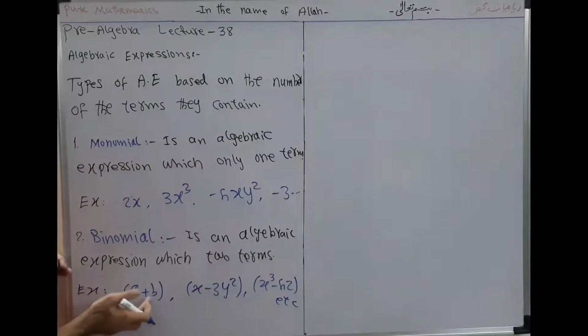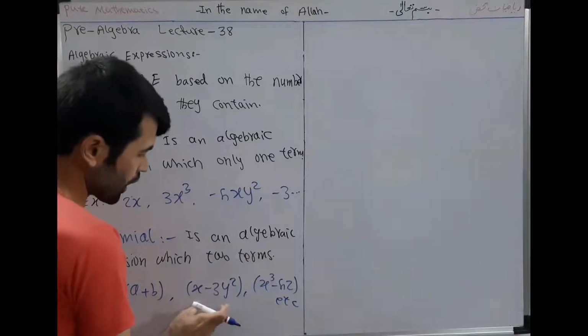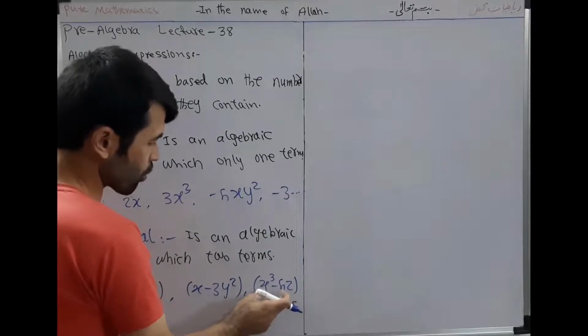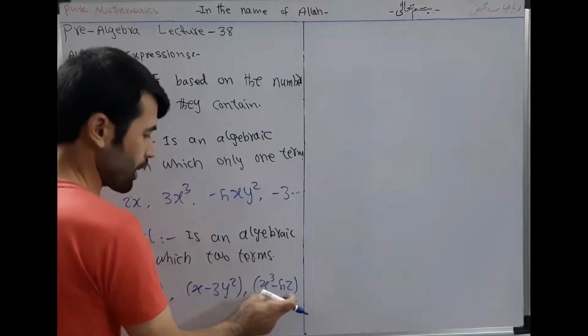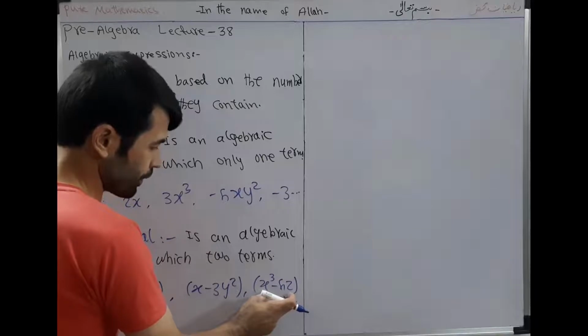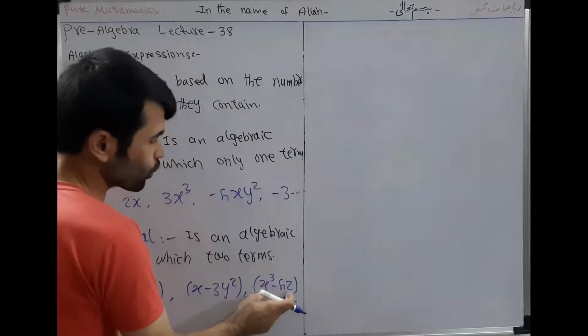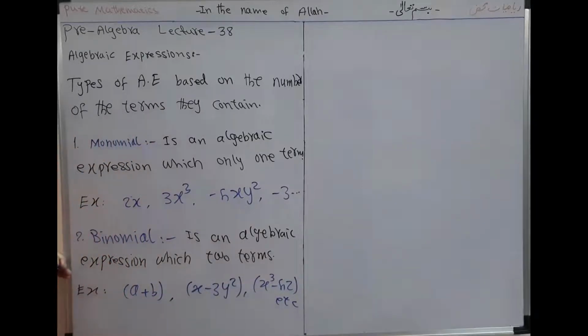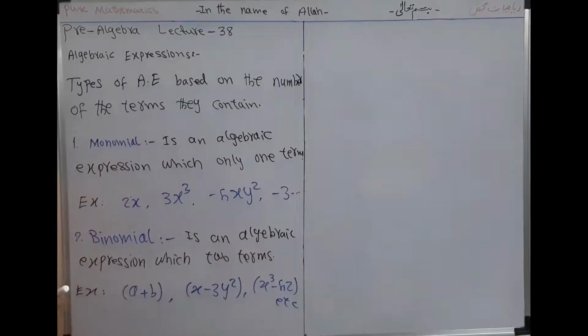A plus b, we have two terms. X minus 3y square has two terms. Also x cube minus 5z is an expression which has two terms. All of them are called binomials.